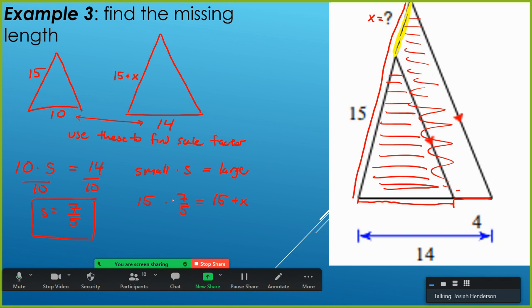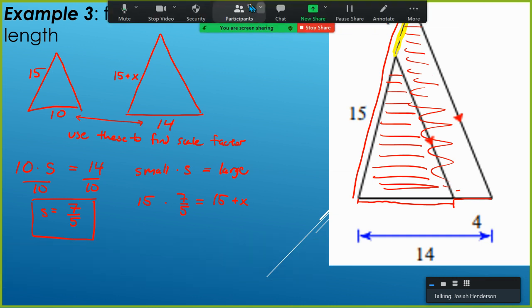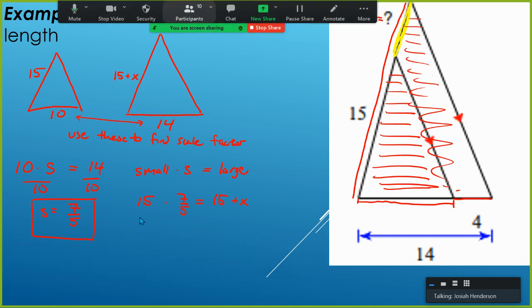At least there won't be any fractions once we do our multiplying. So on the left side, combining these two, 15 times 7 over 5 comes out to 21.